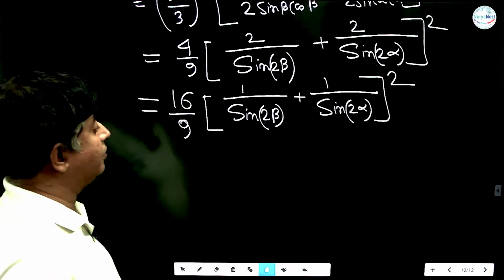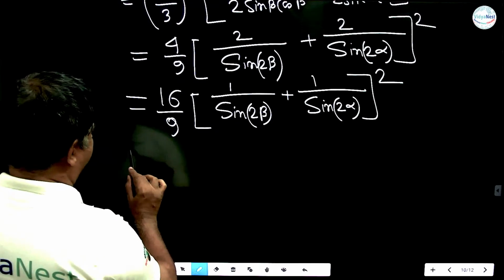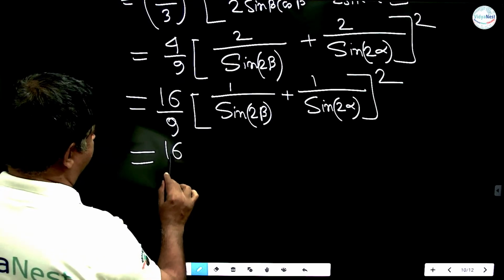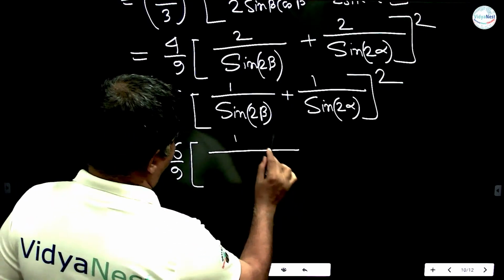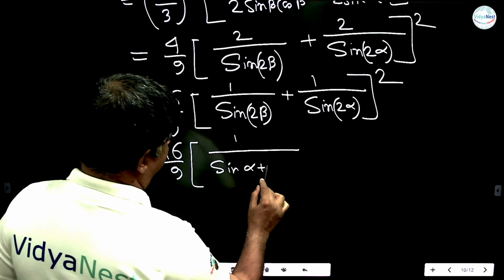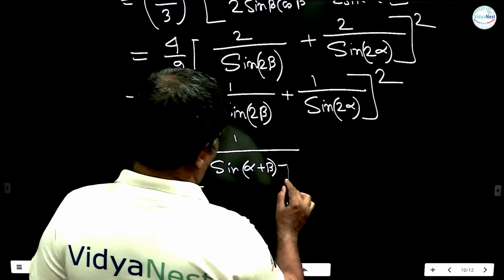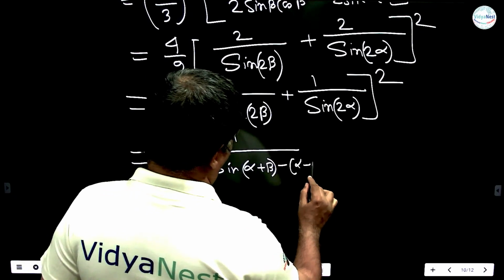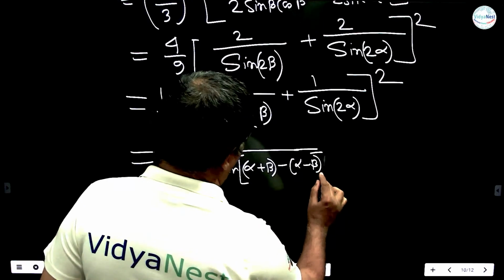So instead of sin 2 beta, you can write sin of alpha plus beta plus, minus alpha minus beta. Why?